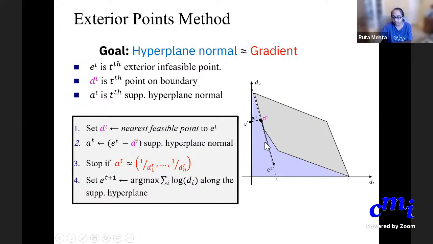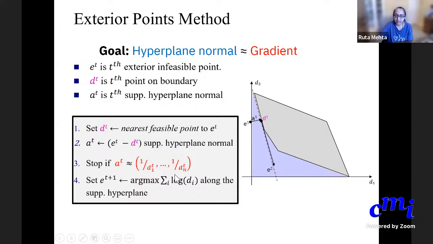You go on the supporting hyperplane to the point where this objective is maximized. This definitely gives you another exterior point, because the supporting hyperplane intersects the feasible region only at that point. So you will end up at a boundary point when you do this maximization, or at an exterior point for sure.